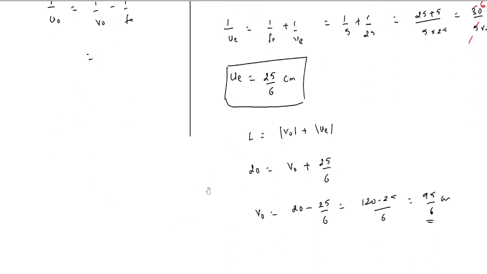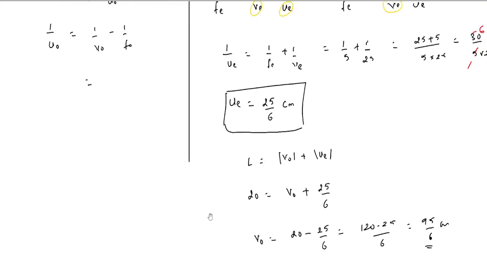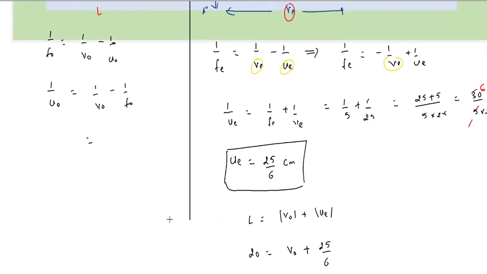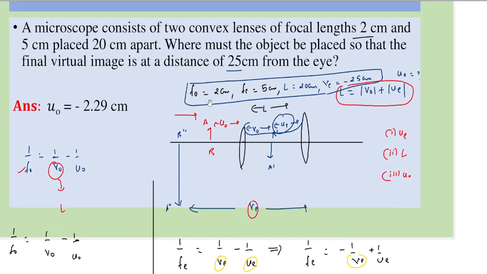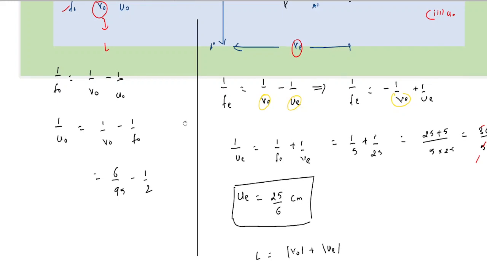V0 was 95 by 6, so this becomes 6 by 95 minus 1 by 2, because the focal length of the objective was 2 centimeter.